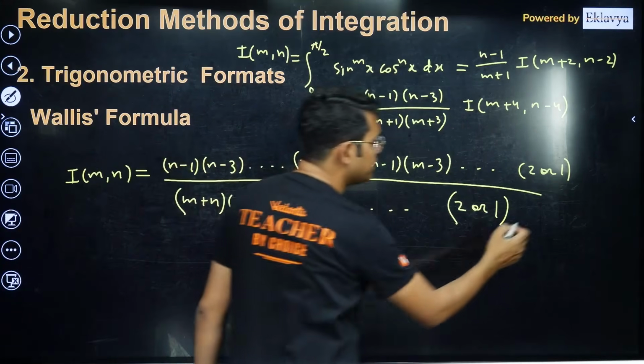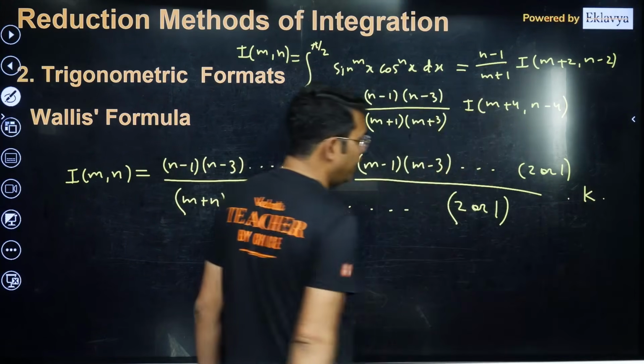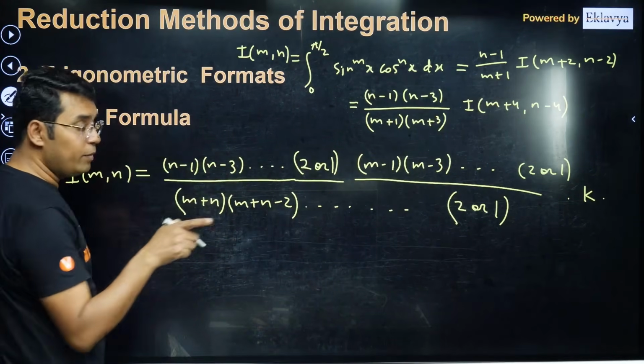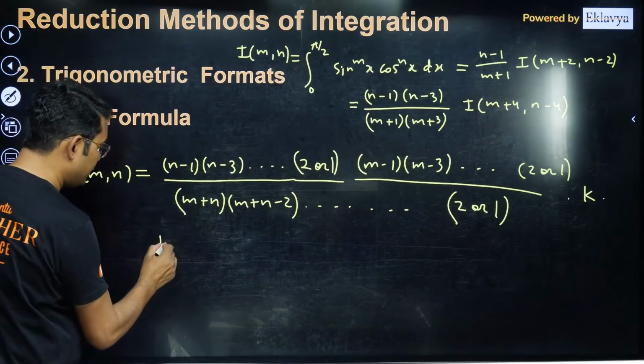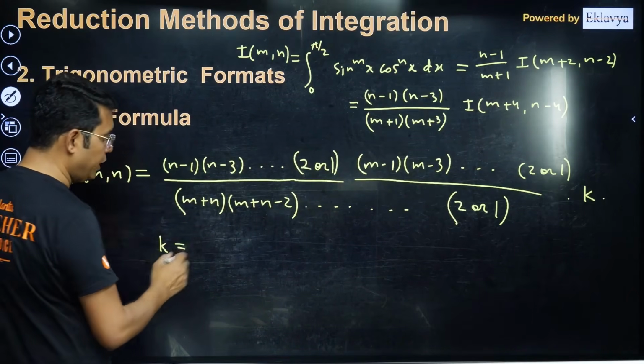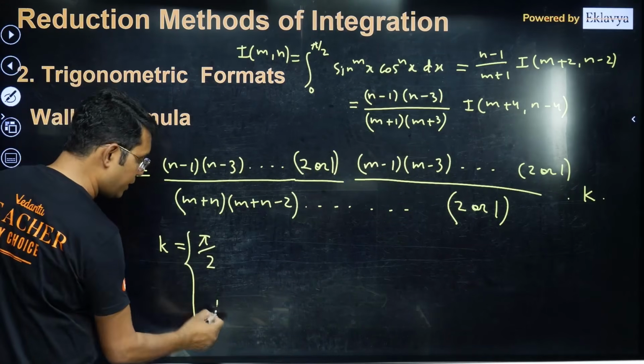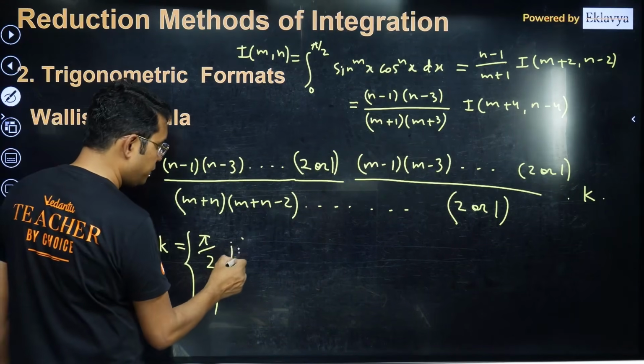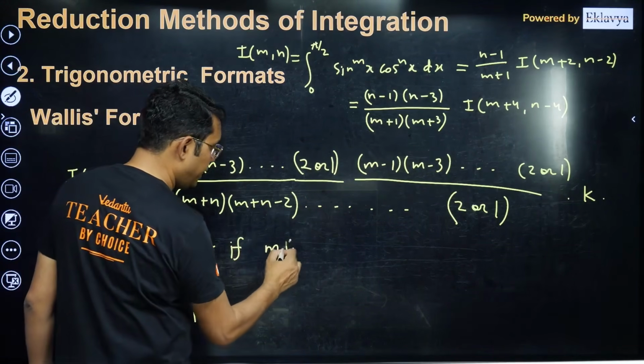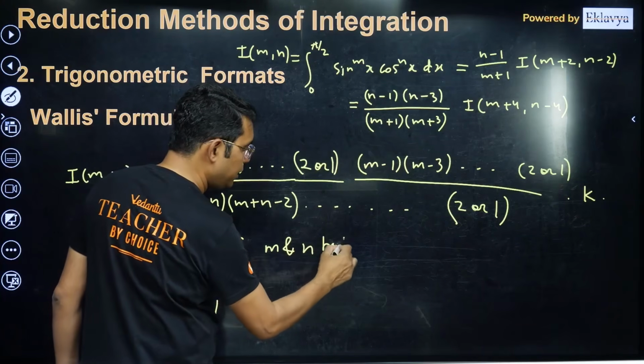Okay, into some k number I am writing it here, and that is how this Wallis formula is always written. This value of k is pi by 2 or 1. It is pi by 2 if m and n both are even.